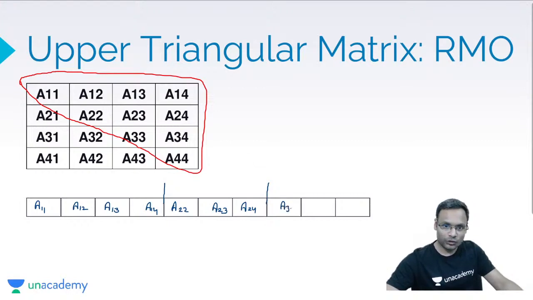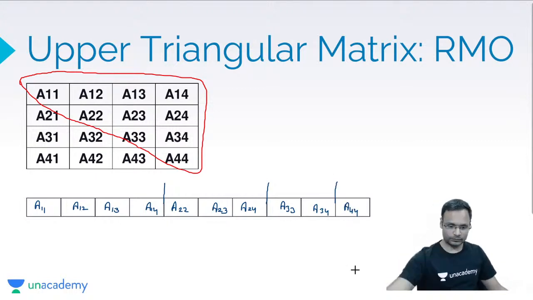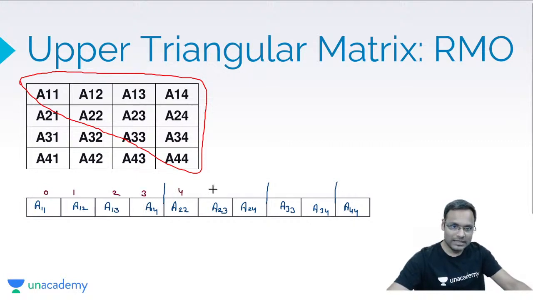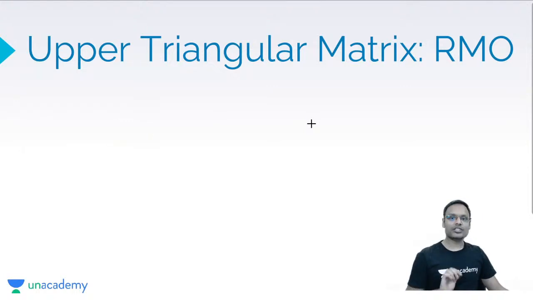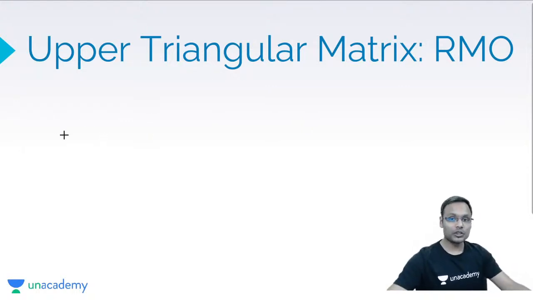Similarly, A of 3 3, 3 4, third row, fourth row only single element 4 4. Okay, now these are the relative indexes. If we have relative indexes like this way, let's just check out the row measure order formula.